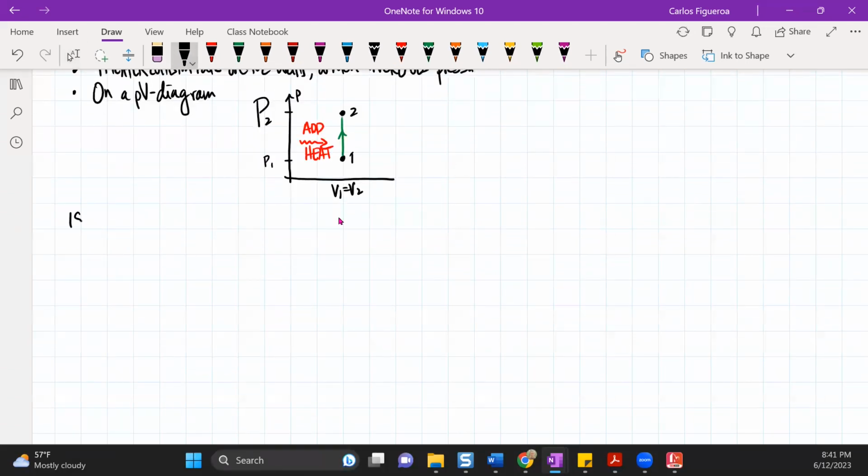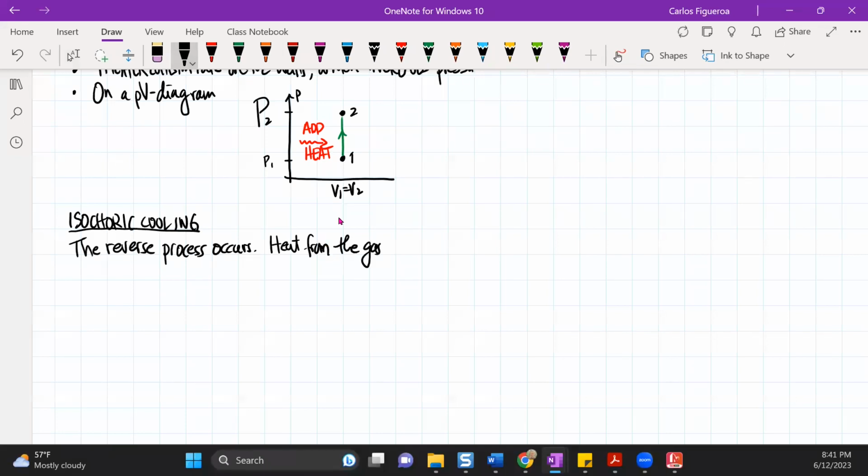Now, the other process is isochoric cooling. So when I look at isochoric cooling, the reverse process occurs. This means that heat from the gas flows out of the system.